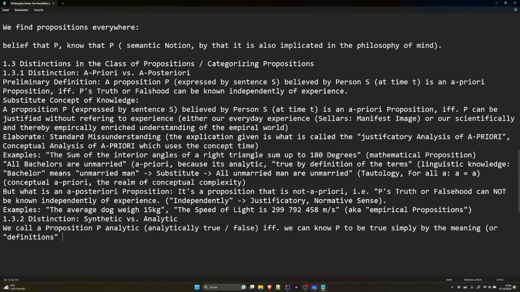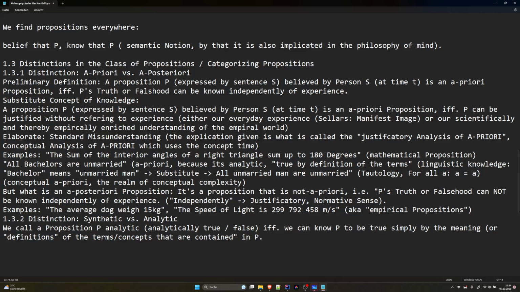I think we should avoid the term definition, so simply by the meaning of the terms or concepts that are contained in P. Okay, this is a little bit of a vague statement.